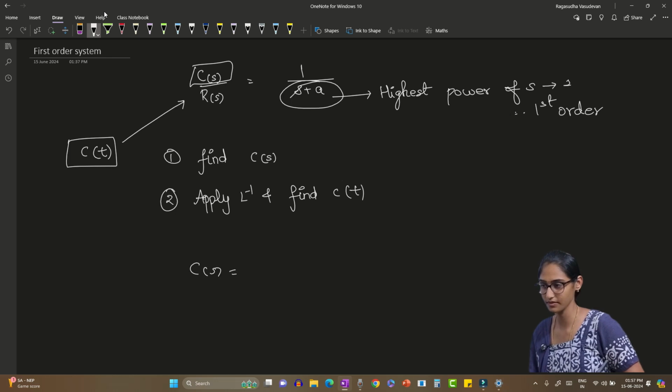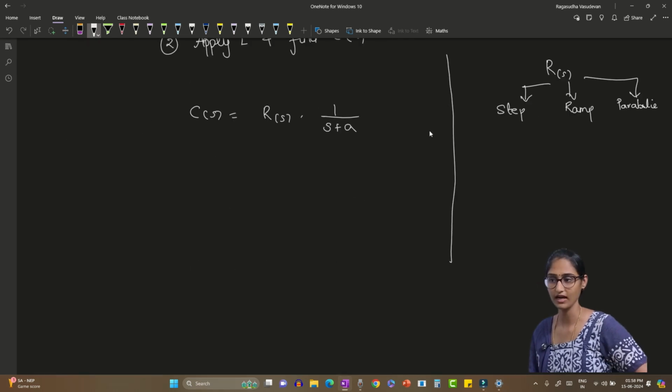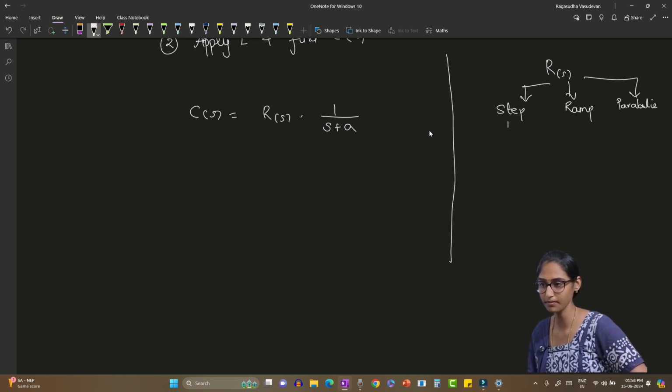The c of s will be r of s multiplied by the transfer function 1 by s plus a. The r of s can be anything. It can be a step input, ramp, parabolic or impulse or anything. If it is a step input, then r of s will be in the format of a, which is a constant, divided by s.